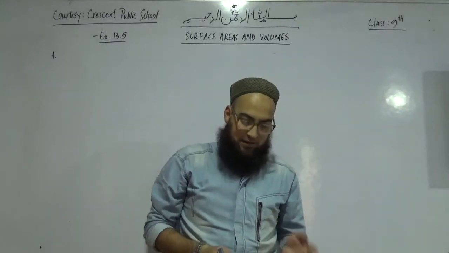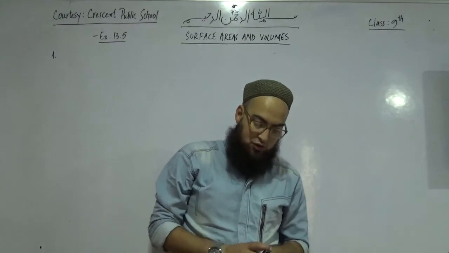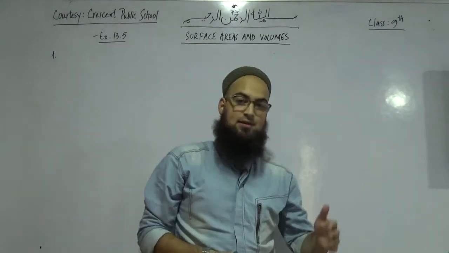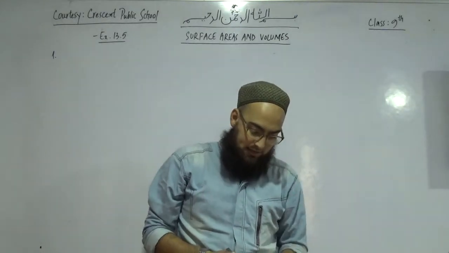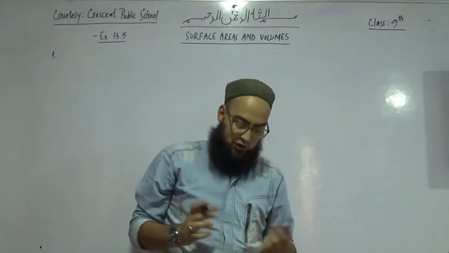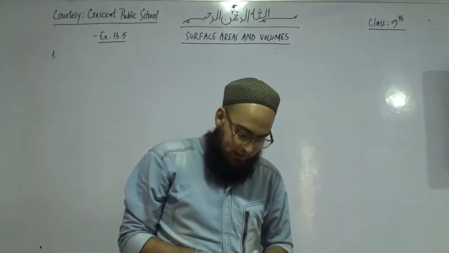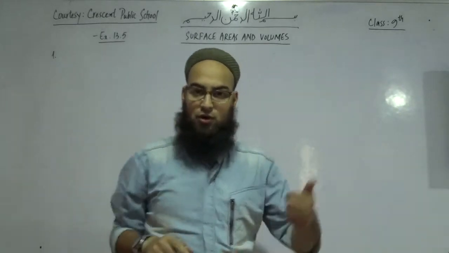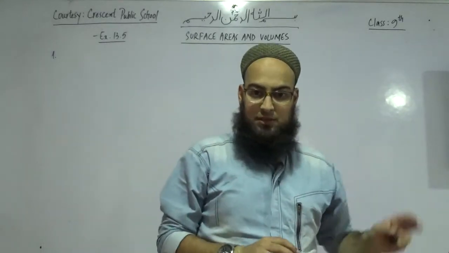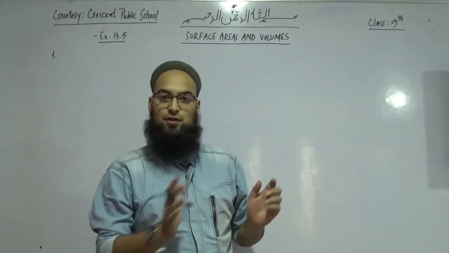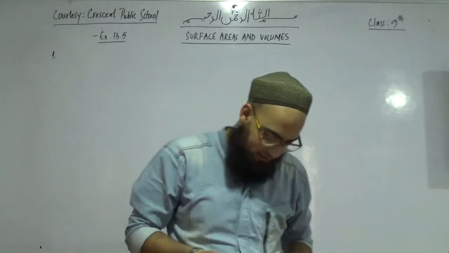All you need to do is just apply the formula for volume of a cuboid, that is equal to length times breadth times height, and that will give you 4 times 2.5 times 1.5. Then it says containing volume of 12 such boxes. If volume of one box is what you get from the multiplication, then you multiply that answer with 12 and you will get the result. It's a very easy question.